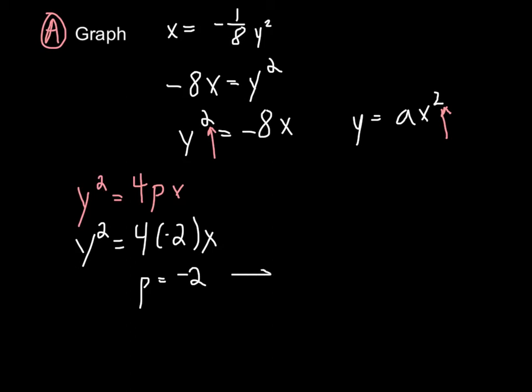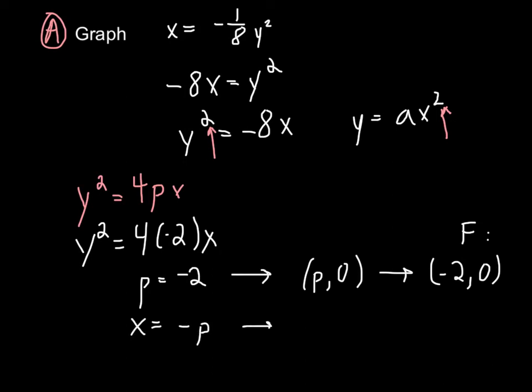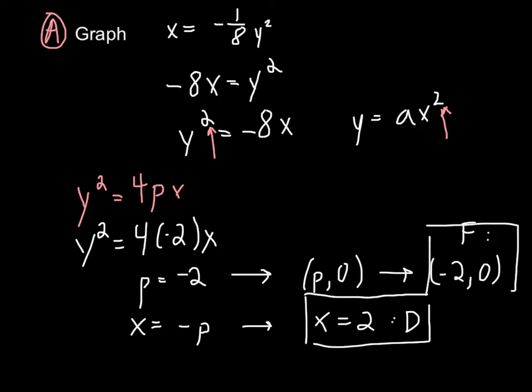Therefore, the focus is (p, 0), or negative 2, 0. Next, the directrix is x equals negative p, or x equals 2 as our directrix. And because y is squared, the axis of symmetry will now be the x-axis.